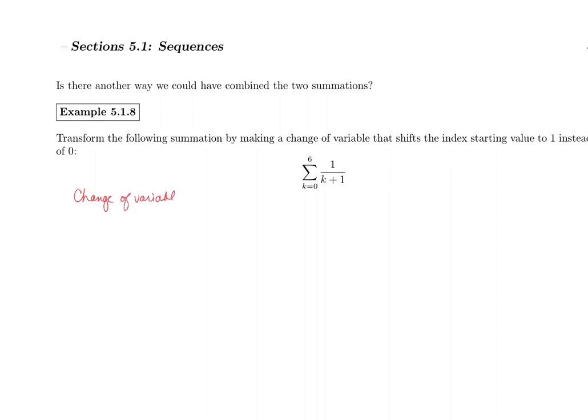The way we're going to do that is we're going to let j equal, well, what do I want to do to k? I want to raise it by 1. I want to raise that 0 to a 1. So if I let j equal k plus 1, then I can solve for k. Then k is equal to j minus 1. And now plug it in.